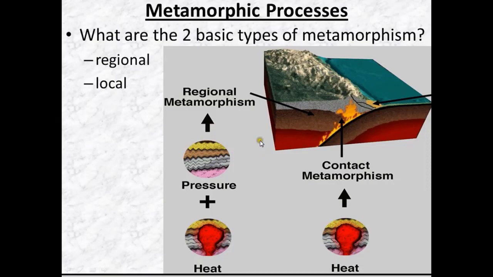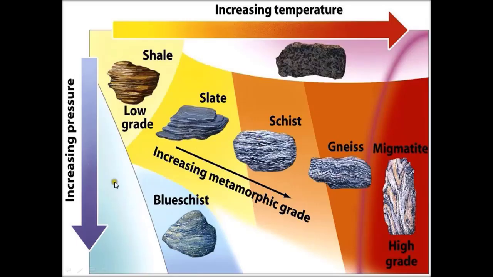Now, how does regional metamorphism work? Just now I gave you the example of regional metamorphism where the pressure is being increased. So what is happening when the pressure is increased? Also the temperature is increasing along with the pressure.